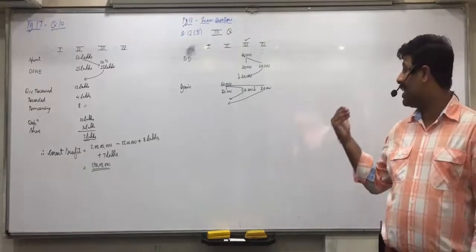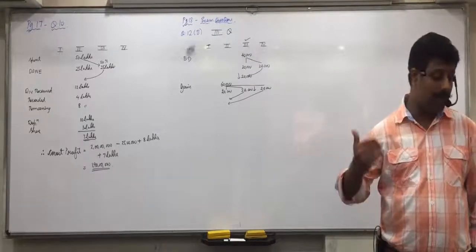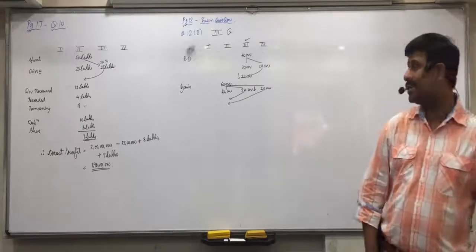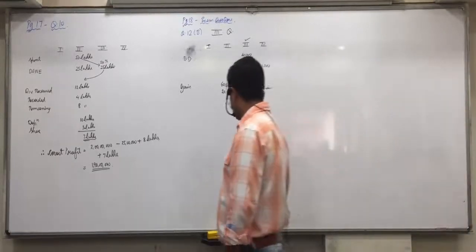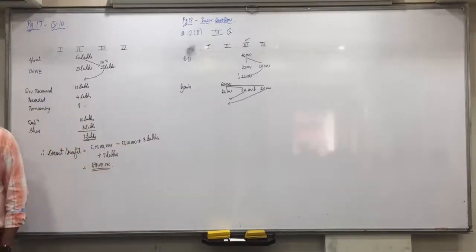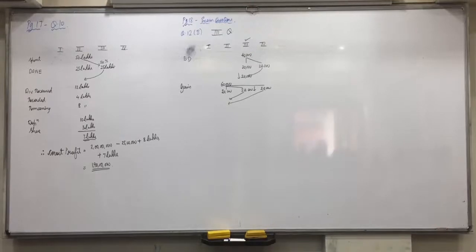Okay, so if you remove the gain, the profit will decrease. Therefore, third quarter's profits will decrease by rupees 20,000. Is everyone clear with it?